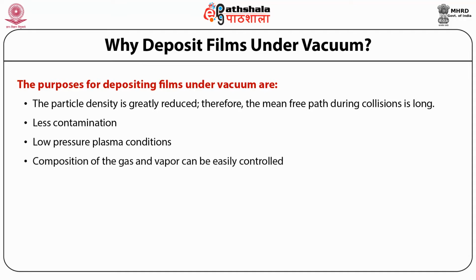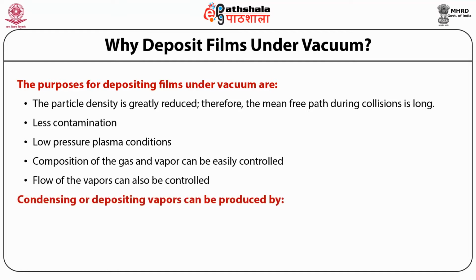Also, the composition of the gas and vapor can be easily controlled. Then the flow of the vapors can also be controlled. The condensing or depositing vapors can be produced by thermal evaporation, sputtering, arc vaporization, etc.